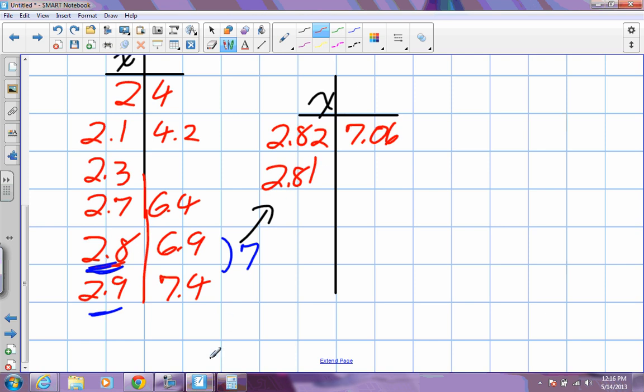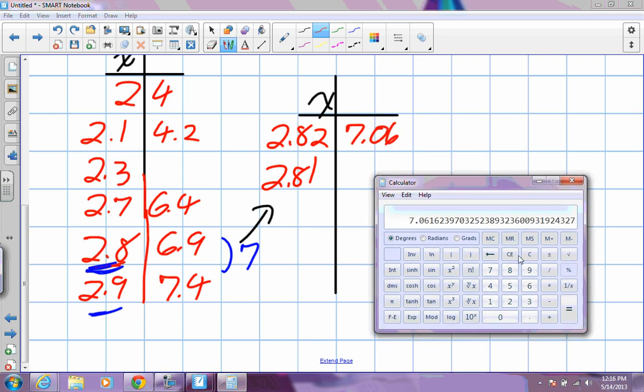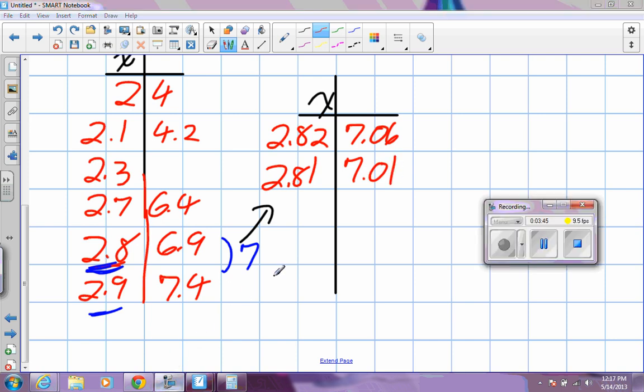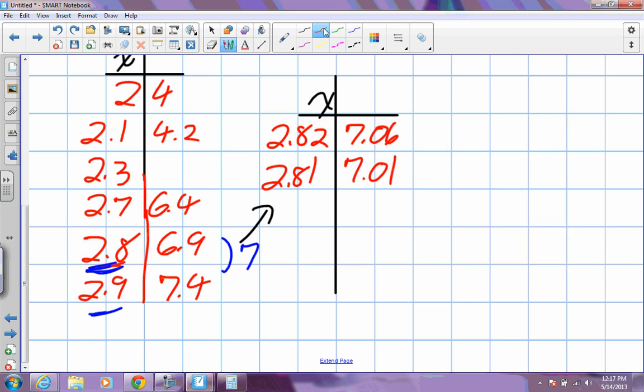Because we want to go to 2 decimal places, most likely one of these will be the best answer. 2 to the power of 2.81. Okay, that's really close to 7. 7.01. So I know I disregarded it before, but let's check our 2.80, which is the same as 2.8.